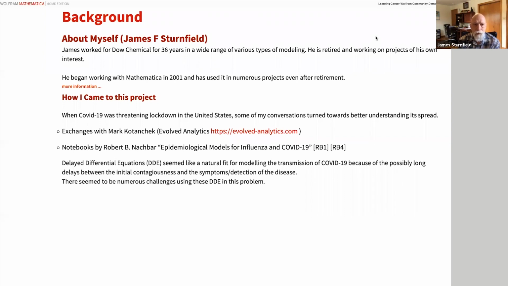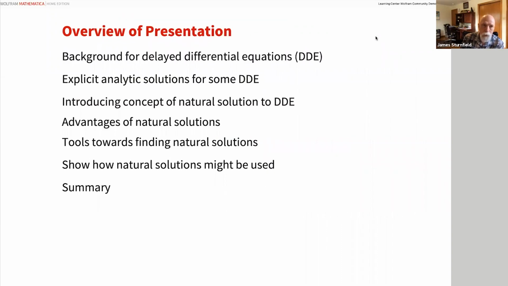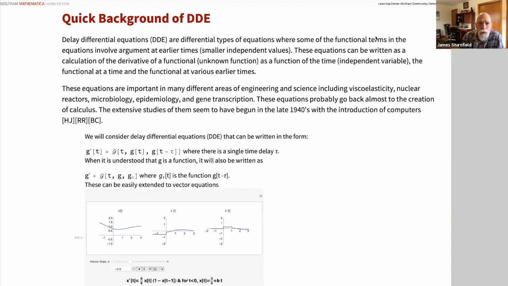But it seemed to me that they really had a natural place there, and I started looking at some of the challenges for using them, and realized that there was some need to really look at other ways of using and solving DDEs. So basically, I'm going to go through this fairly quickly.